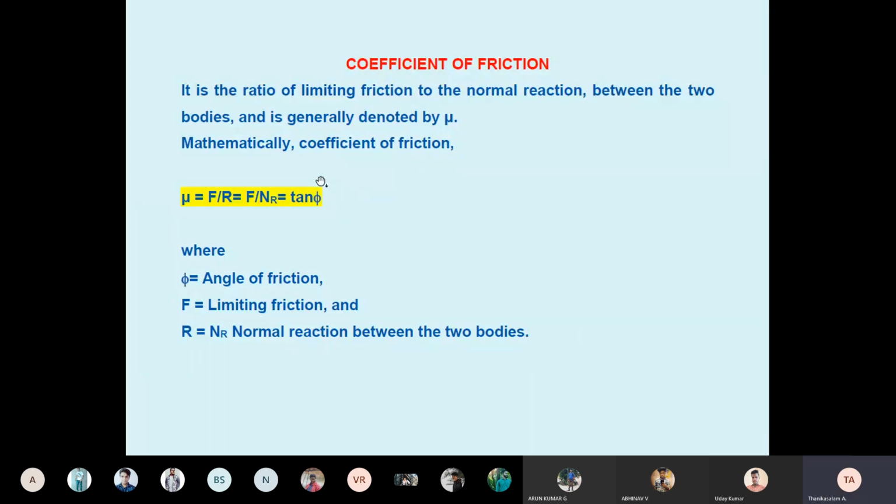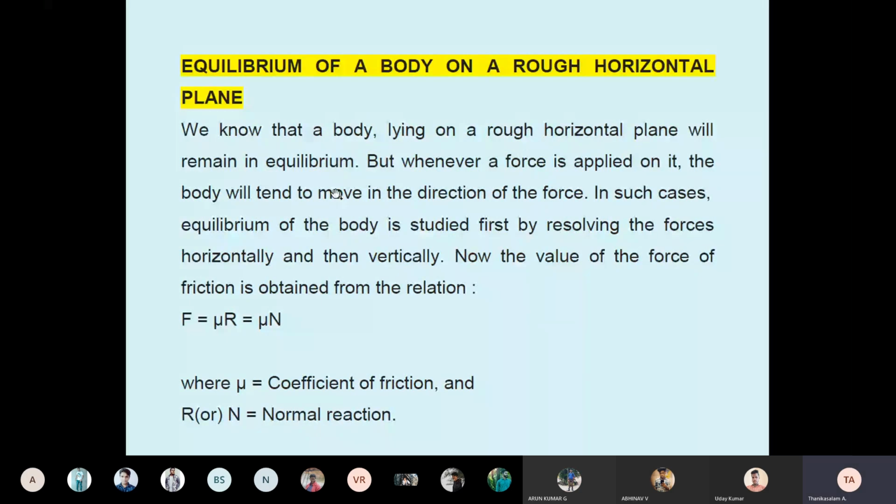So you remember another formula, tan phi equal to mu, or tan phi equal to F divided by R. This is the second formula. First formula, F equal to mu into R or mu into N.